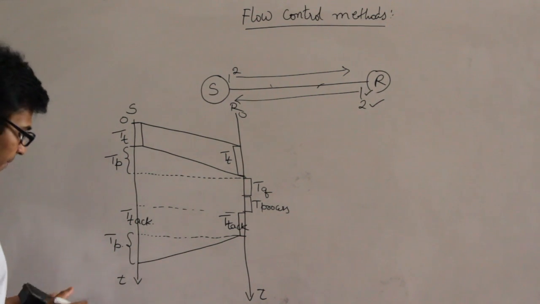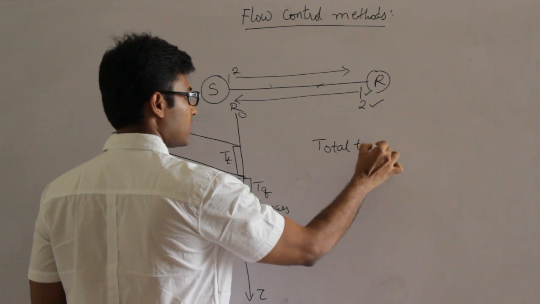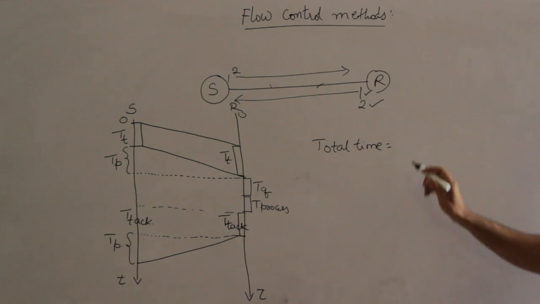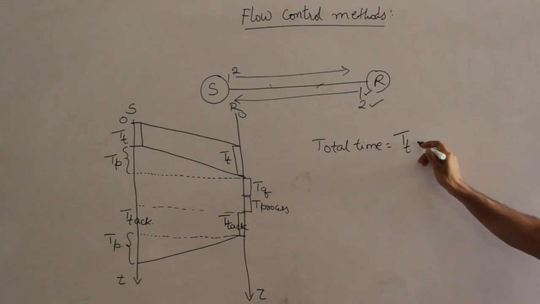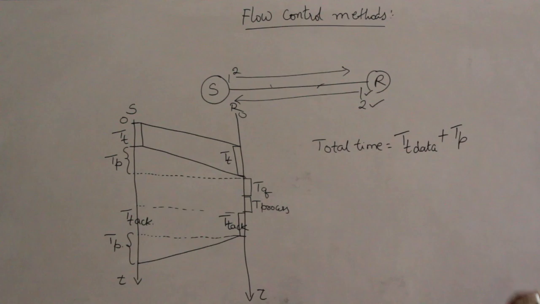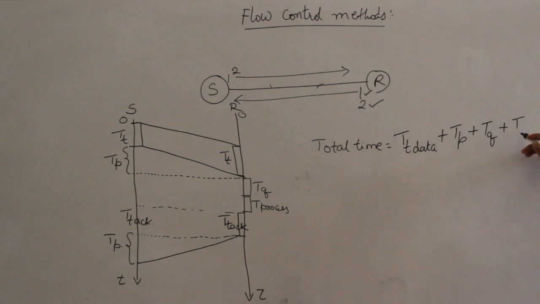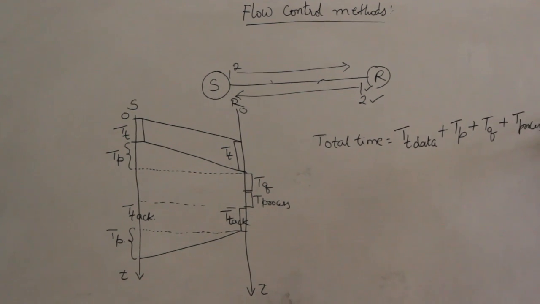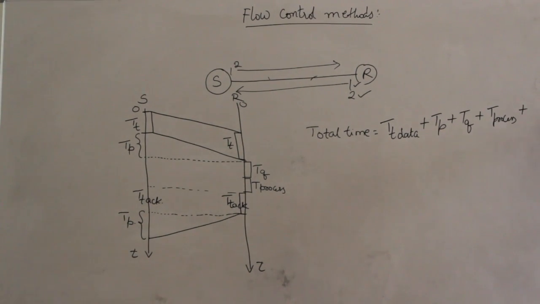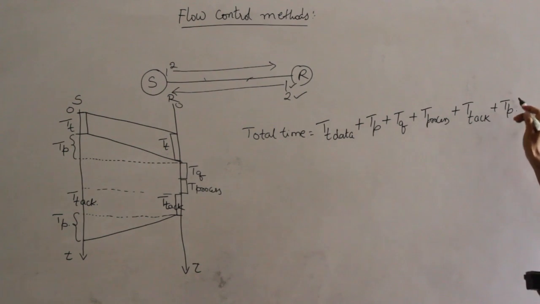So what is happening is the total time taken to send just one packet is Tt, and this Tt is for data, plus Tp, this is the propagation time, plus Tq, queuing delay, plus Tp, processing delay, which means the receiver will examine who is the sender and he will appropriately prepare the acknowledgement, and then Tt for acknowledgement, and then propagation delay for acknowledgement.